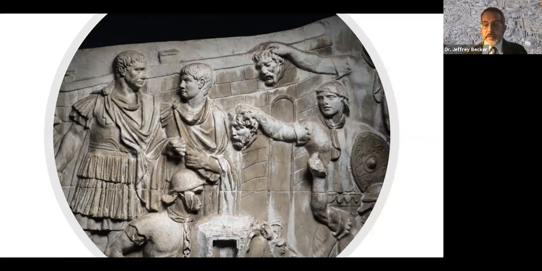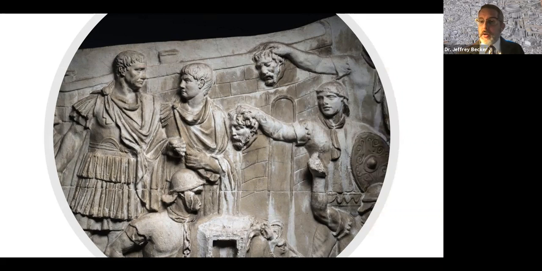Here, the decapitated heads of Dacian prisoners are presented to Trajan. And so we, again, have to be cognizant of what story is being told by the sculptural relief in order to think about how we should interface with it, how we should talk about it.